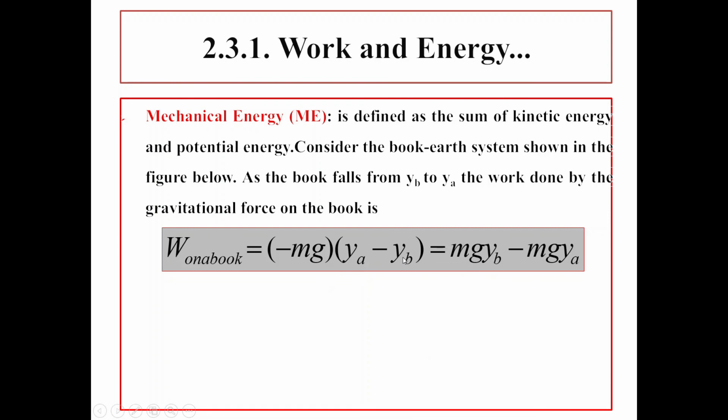So when you multiply by the minus sign, it becomes mg y_b minus mg y_a, where y_a is the final h value and y_b is the initial h value. This is the work done by the gravitational force. So the gravitational force at maximum height is larger than at the lower part.